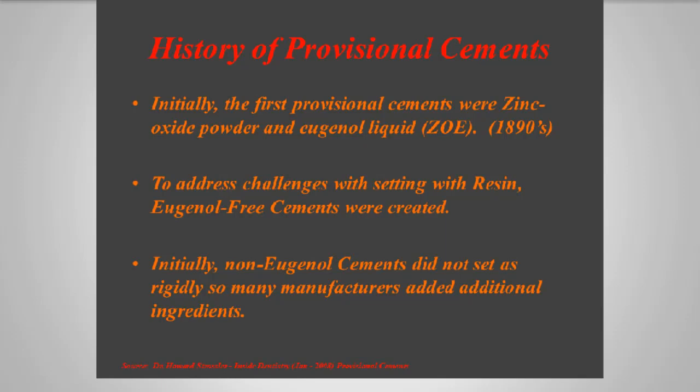And ZOE as a temporary cement, anything with eugenol, really, with today's materials, is a problem as far as the reactivity with today's final cementing medium, particularly resins. So to address the challenge of setting with resin, eugenol-free cements were created. Initially, non-eugenol cements did not set as rigidly, so many manufacturers had to add other ingredients to make these cements set better.